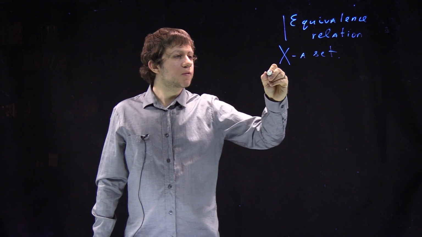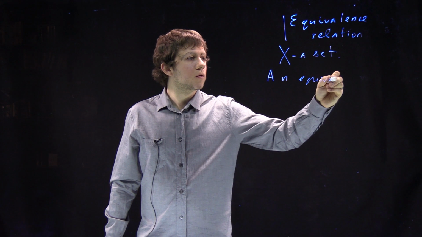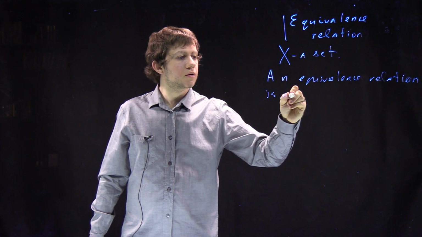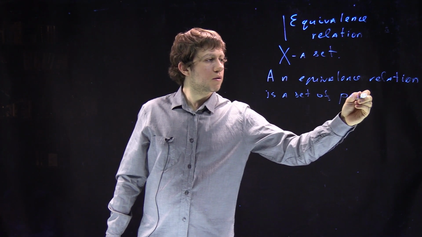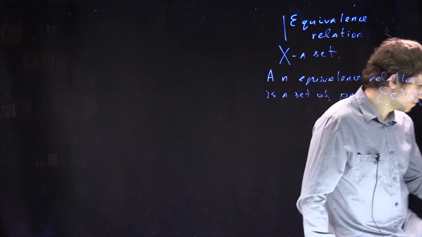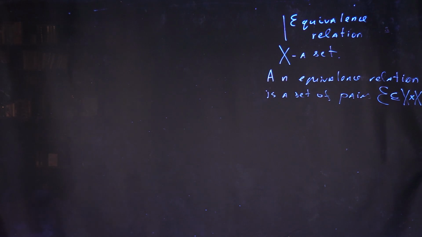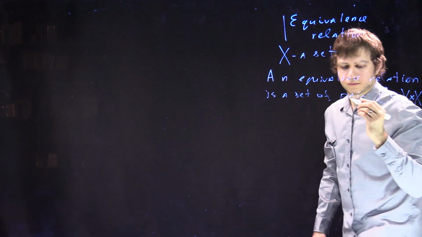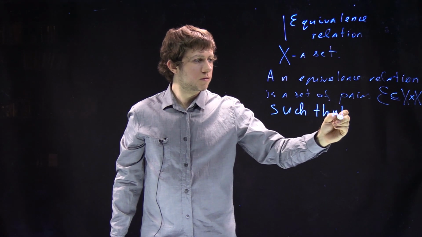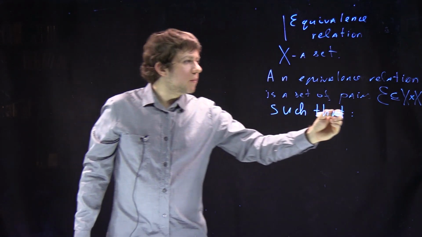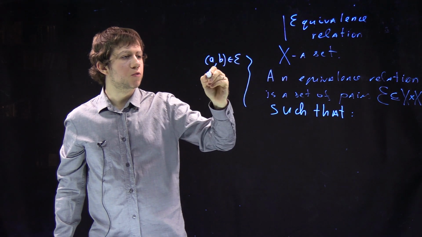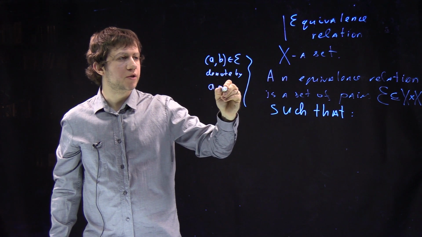So an equivalence relation is a set of pairs E inside X times X such that, so actually we will denote, a little remark here is that (a, b) inside E is denoted by a is equivalent to b.